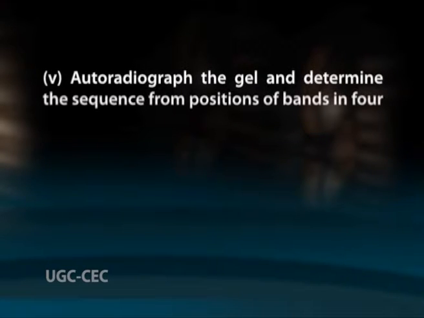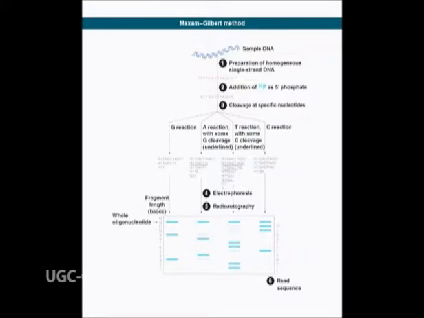The DNA fragments are run through gel electrophoresis. Electrophorese each of the 4 samples in 4 different lanes of the gel. Fifth step: autoradiograph the gel and determine the sequence from positions of bands in the 4 lanes, as shown in the figure.